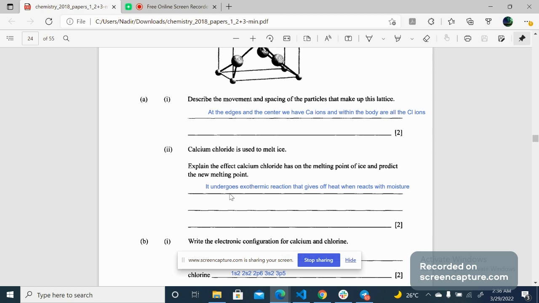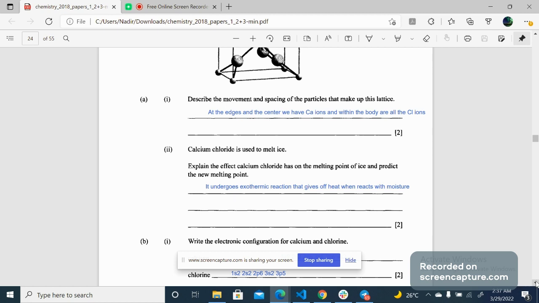Calcium chloride reacts with the moisture in the air, and when it does, it releases heat, and this heat then makes the ice melt when it's applied to ice.